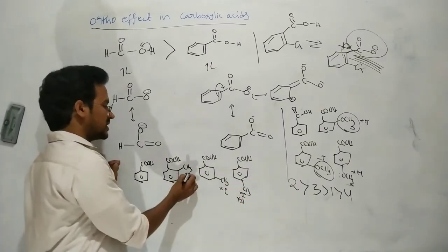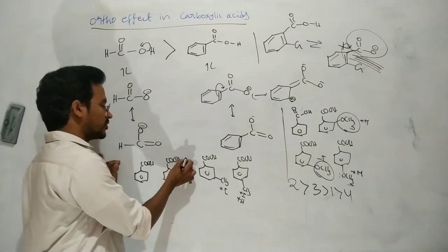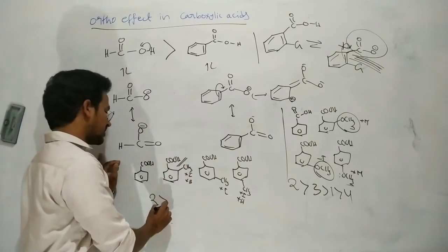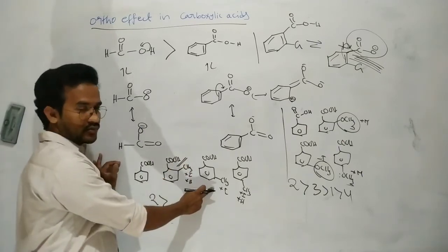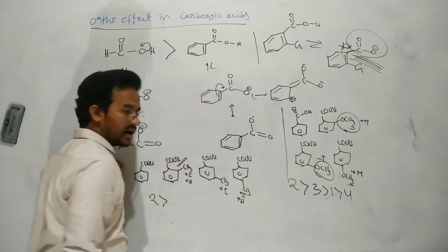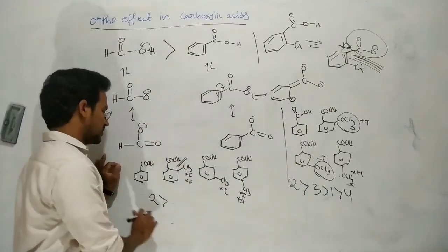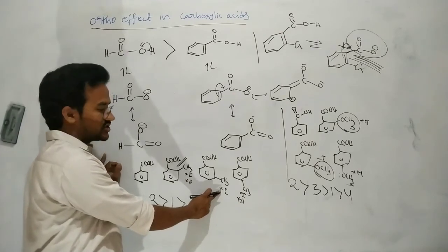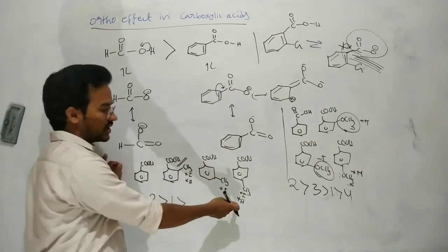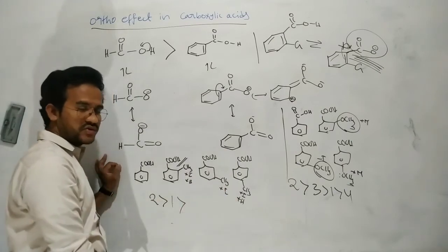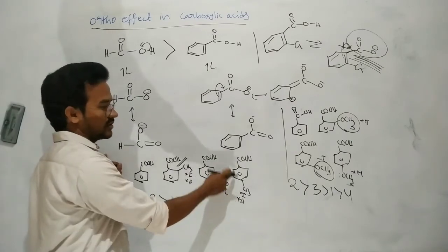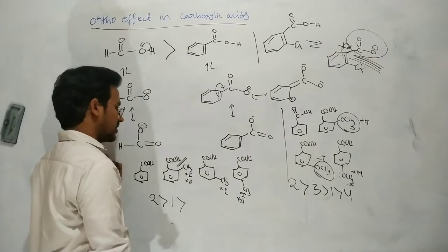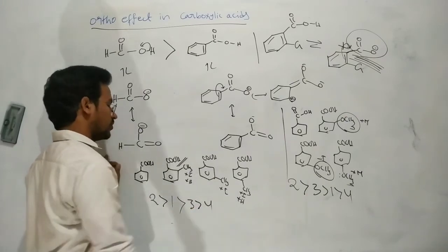Here in this case plus I as well as plus H, but it is ortho substituted, so 2 is more acidic. Next, the plus I effect at the meta position, but in this case OCH3 is a minus I group. So in this case one is more acidic. Next, the donating nature by the plus I effect is lesser, but here the donating nature by the plus H hyperconjugation at the para position is working. So it is the least acidic, so 3 and 4.